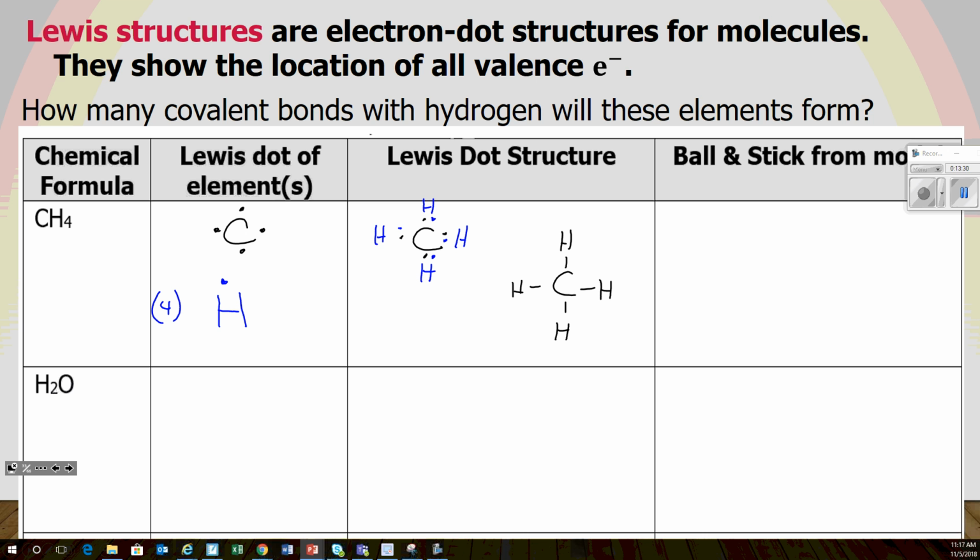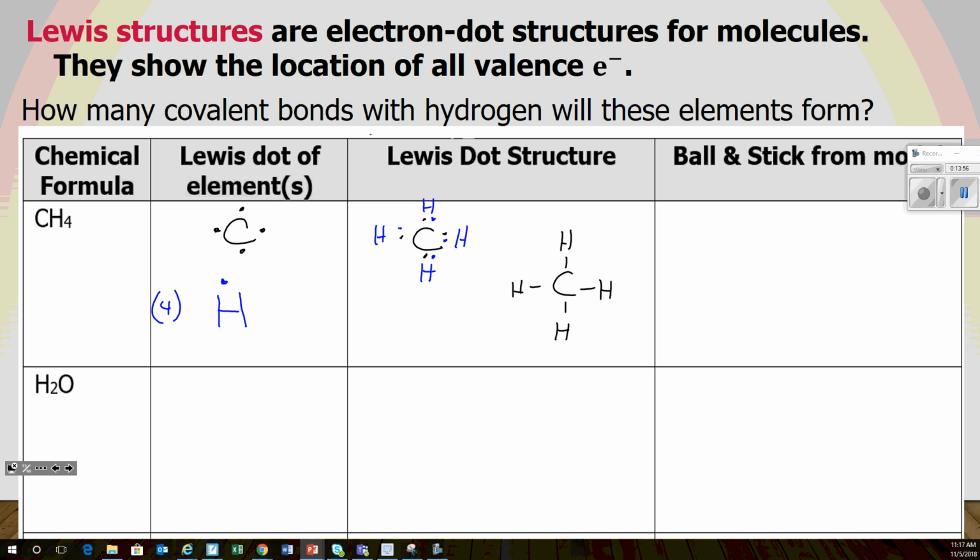When I go to make the ball and stick molecule of it, this is what I get. It doesn't matter which way I flip it, it's always going to look the same. This shape right here is called a tetrahedral. And the angle between all of these is 109.5.